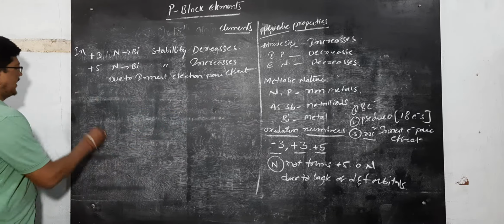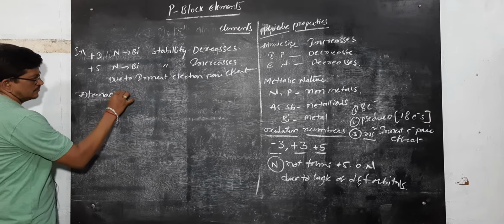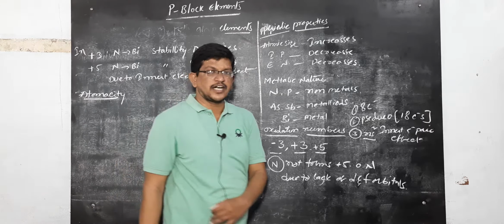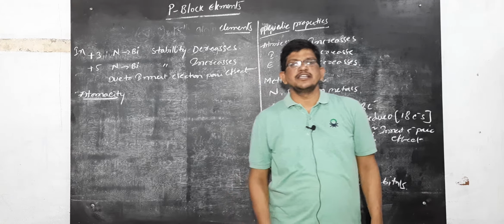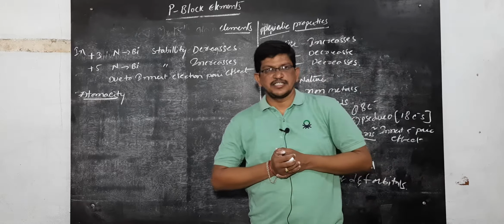Next topic, atomicity. What is the meaning of atomicity? The number of atoms of an element present in its molecule is called its atomicity.